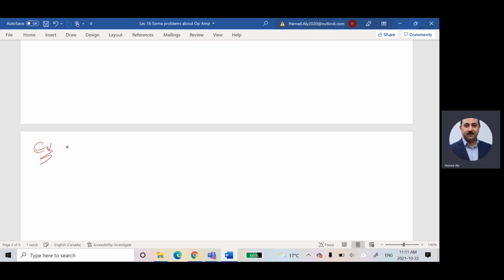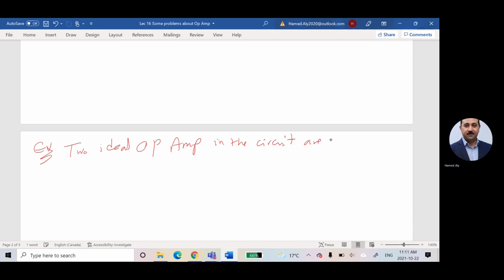Here he is telling me two ideal operational amplifiers in the circuit are shown below.